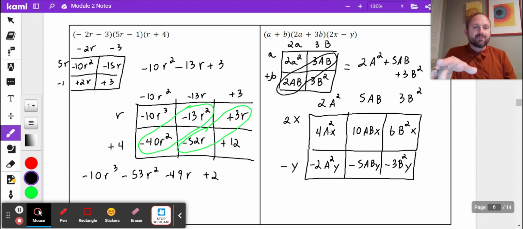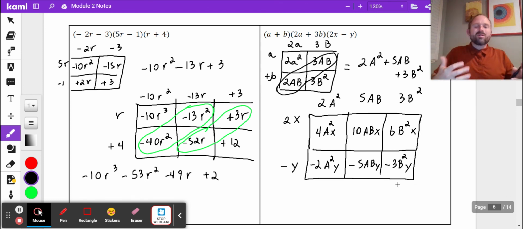We have a squared x, abx. There's no other abx's here. So all of these are going to be standalone, and we just add them in row. We would just rewrite it. Put 4a squared x plus 10abx plus 6b squared x minus 2a squared y minus 5aby minus 3b squared y.